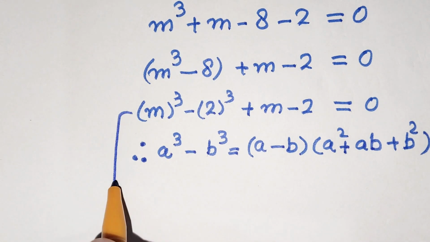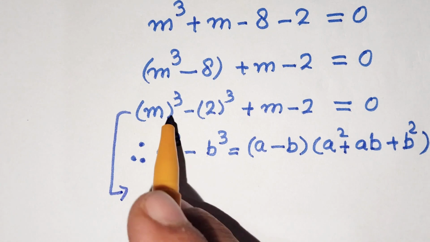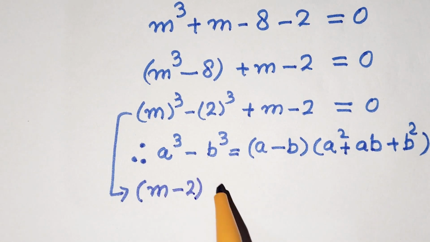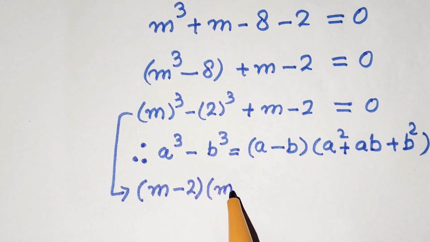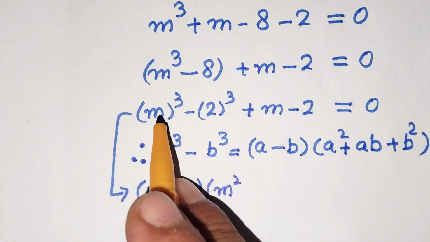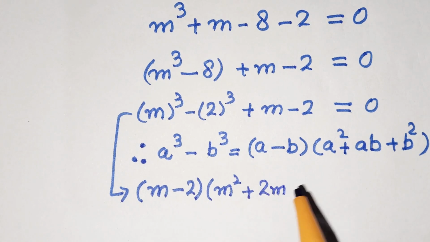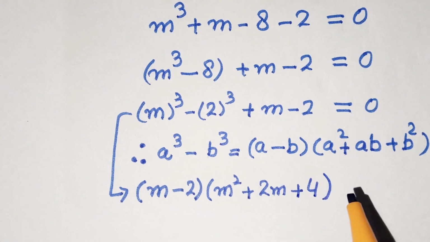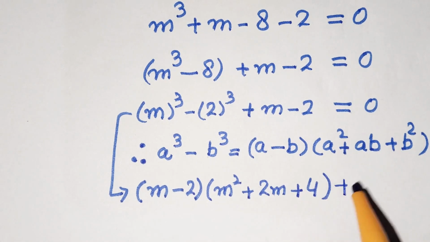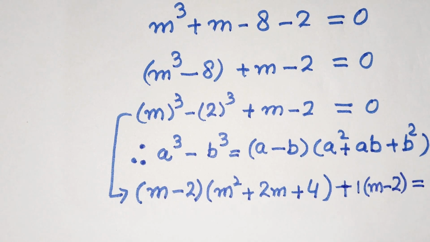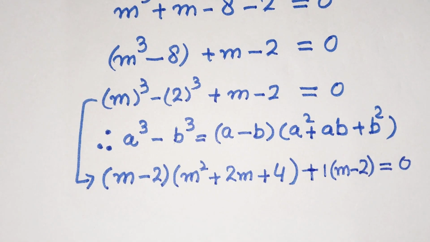Here it is m³ − 2³, so we can write (m − 2) times (m² + 2m + 4), where the product of m and 2 is 2m and 2² is 4, plus (m − 2) = 0.